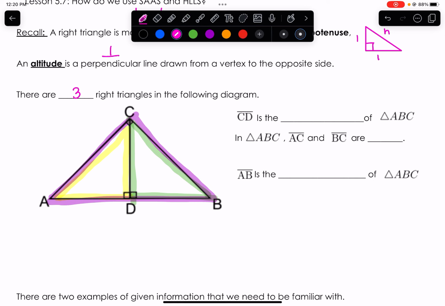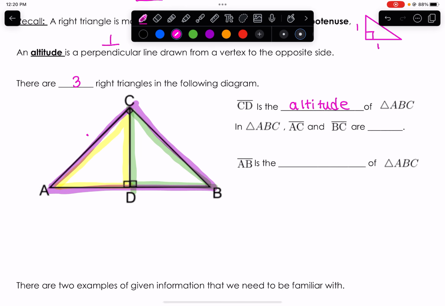So CD is the altitude of triangle ABC. In triangle ABC, in our purple, AC and BC are the legs, and AB is the hypotenuse.